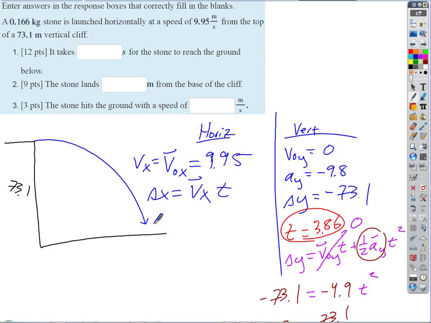So we get delta x equals, what did we get here? 9.95 times our time, 3.86, but we'll use the calculator number, right?